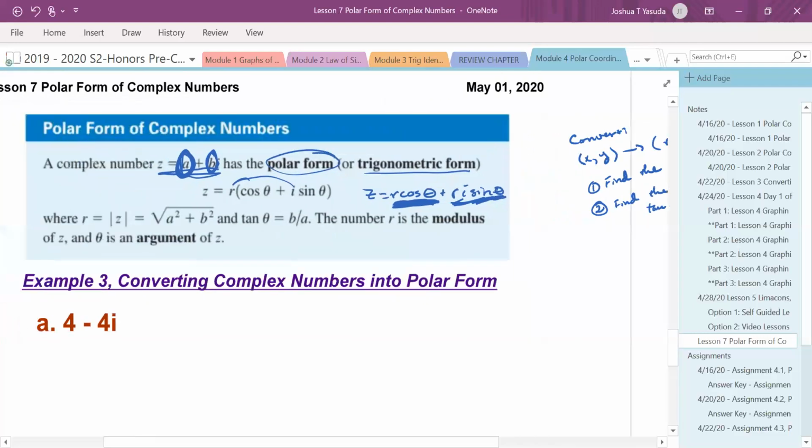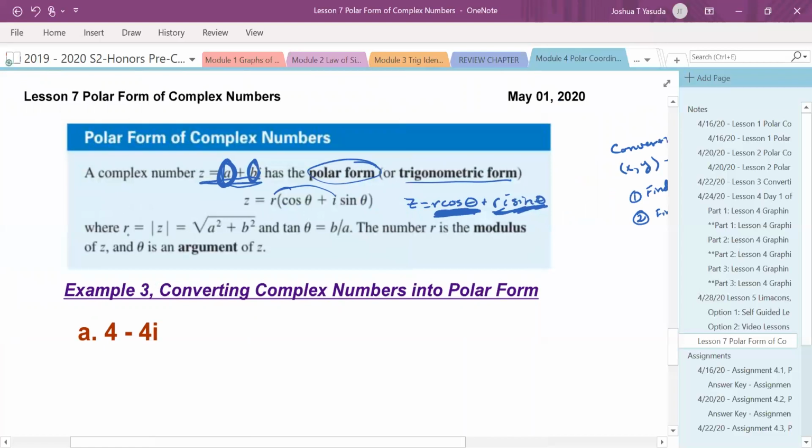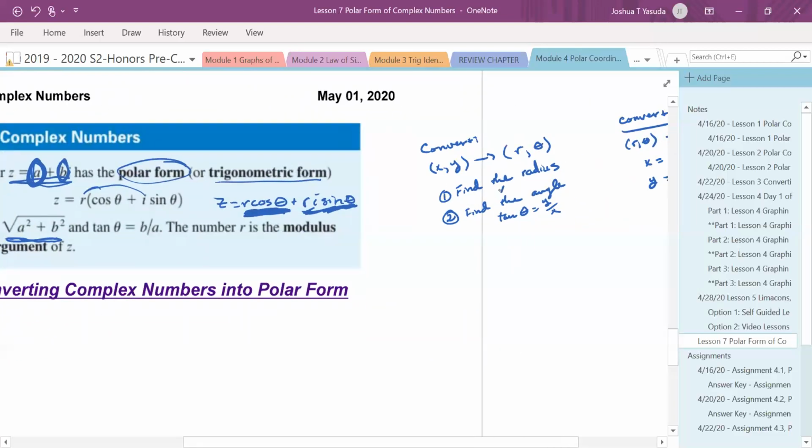And then the last thing is, take a look, where r is the modulus. You could have just called it the radius, but whatever. So r is the modulus, which we just talked about, and you do the Pythagorean theorem. Just like with polar, to find r, find the radius, you did x squared plus y squared equals r squared. So it's the same thing.